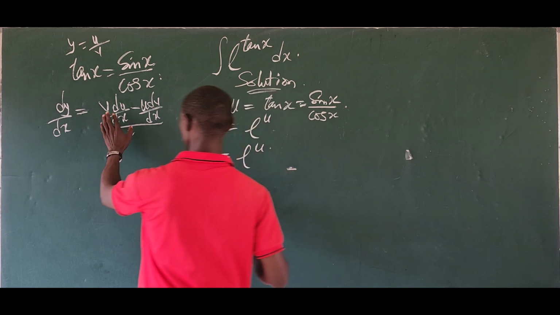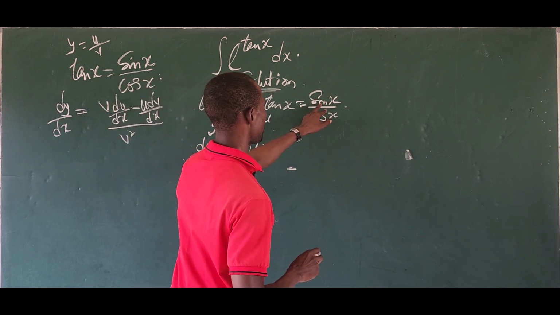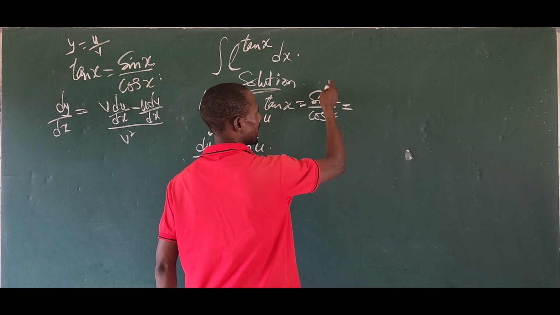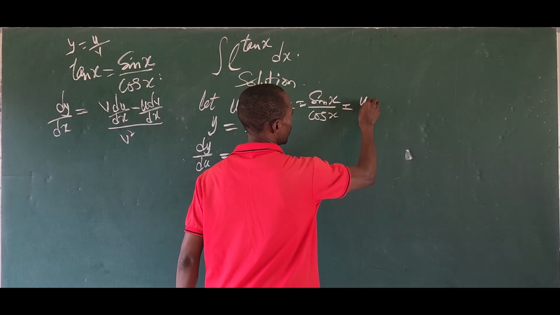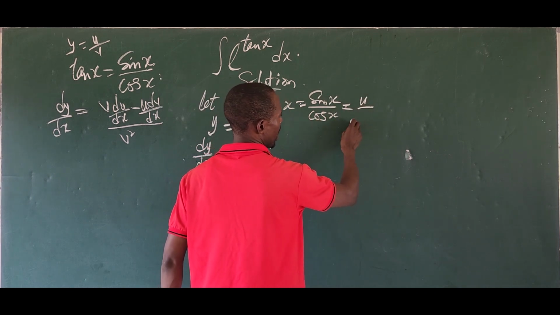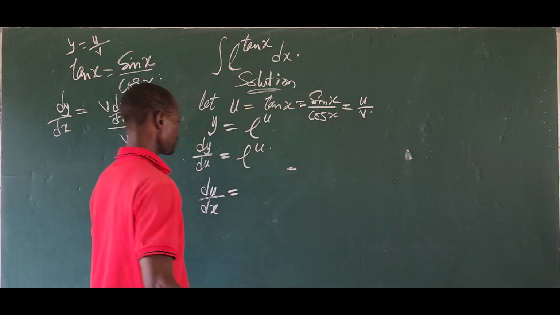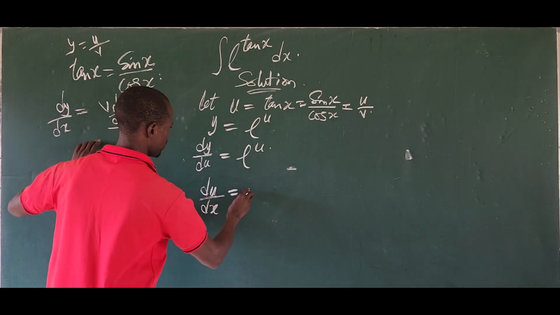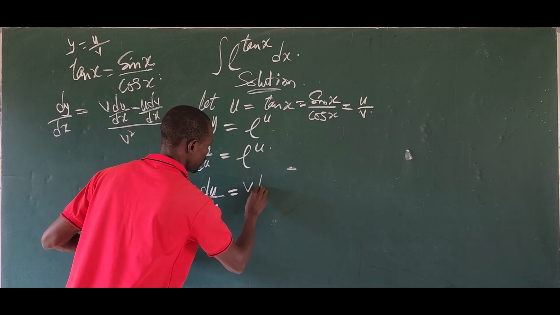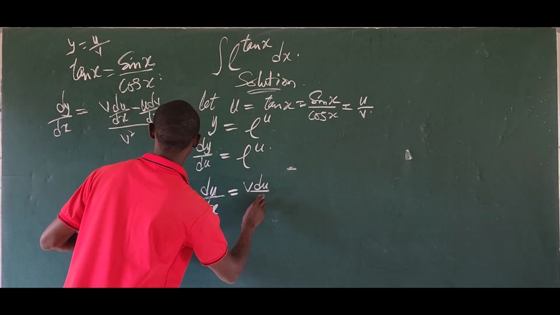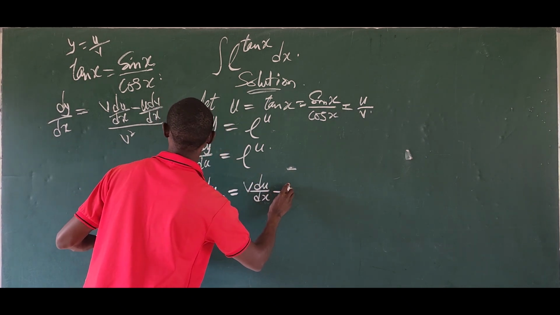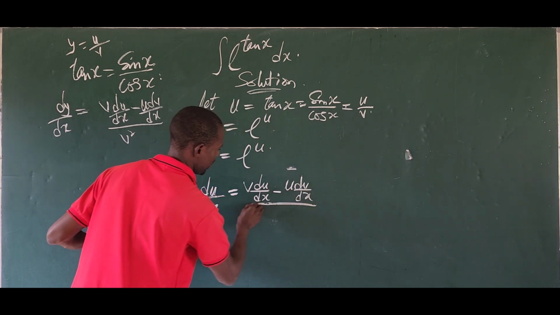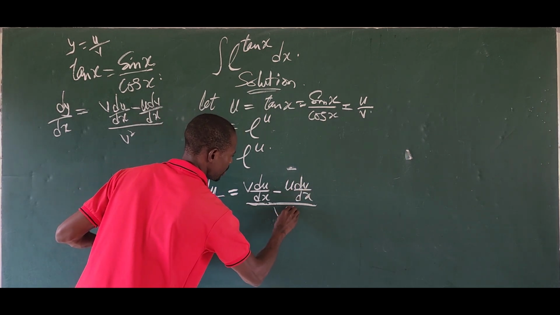So if we remember this, look at our x here. We're going to take sine x to be our u, then cos x to be our v. So applying this rule, let's put in v du/dx minus u dv/dx, everything all over v squared.